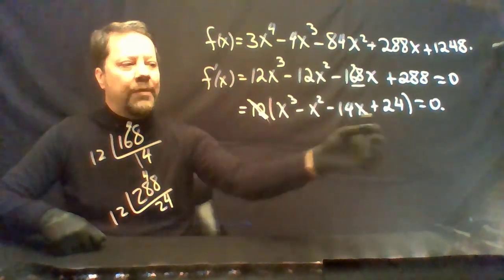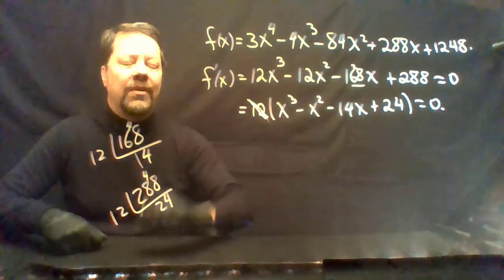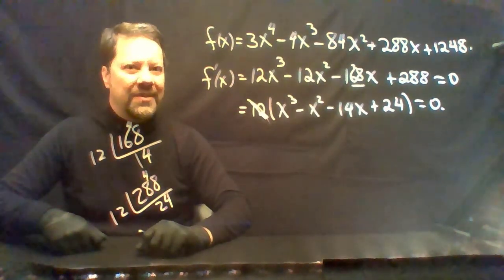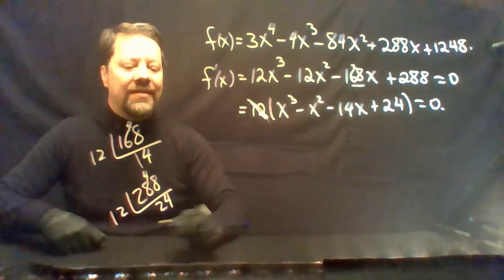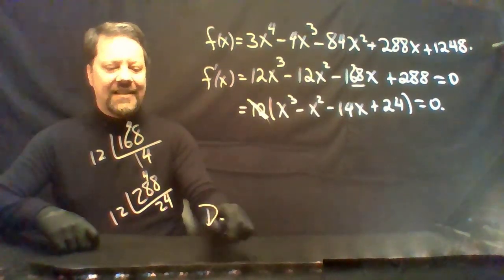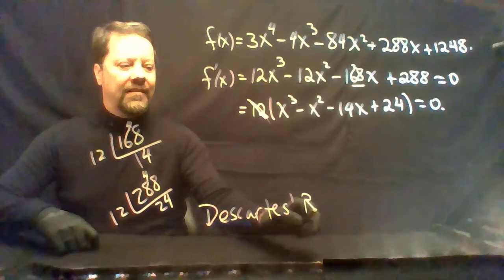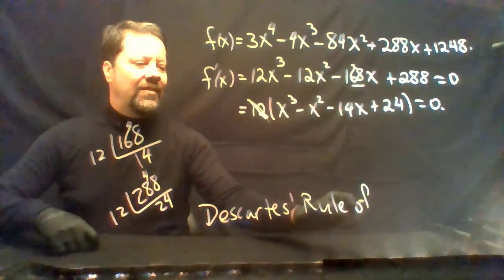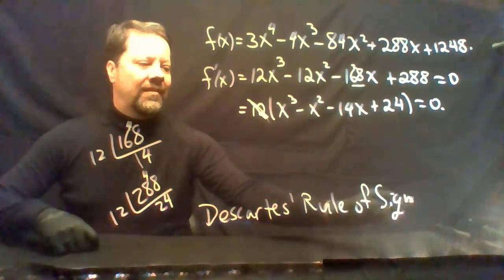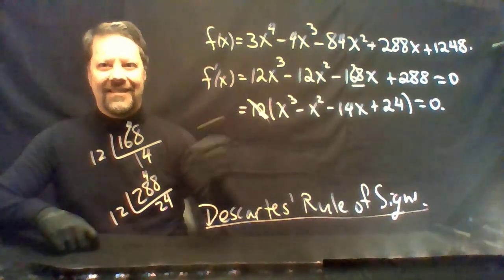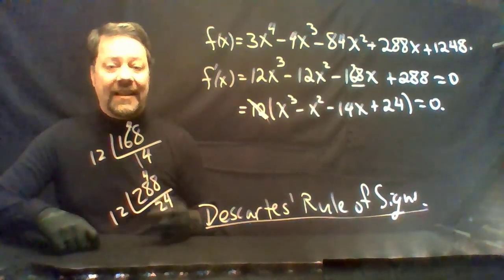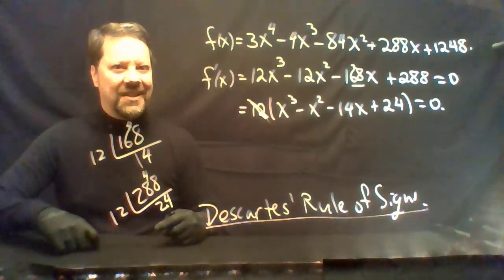That means this polynomial has either 2 or 0 positive roots. That's Descartes' rule of signs. We're expecting there to be exactly one negative root as a consequence.